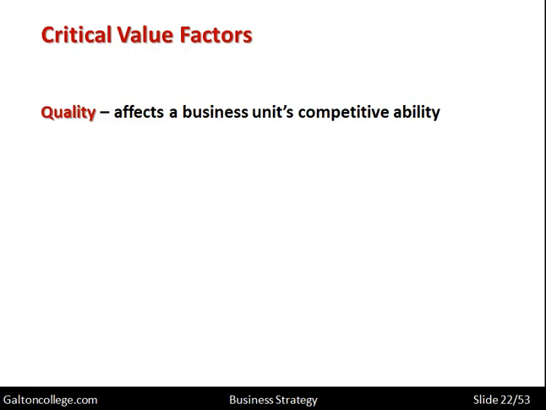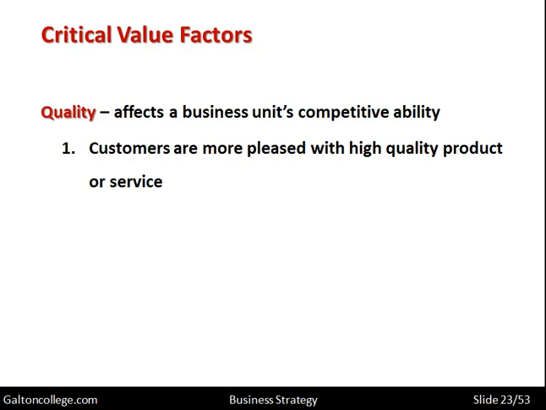The sand cone model was emphasizing the importance of quality. Well, customers are more pleased with a high quality product or service. So customers want high quality. So it seems to be the case that in appealing to customers and to maintain and increase sales, quality seems to be at the center.